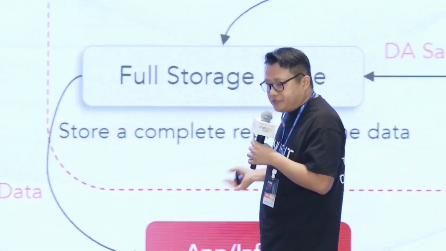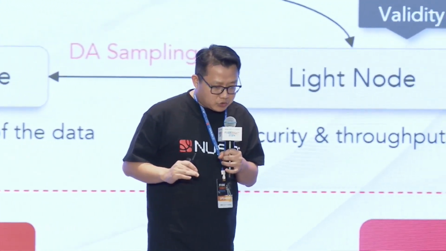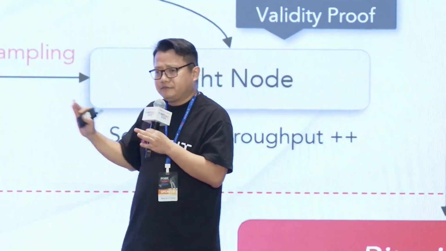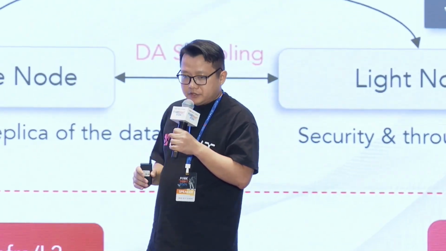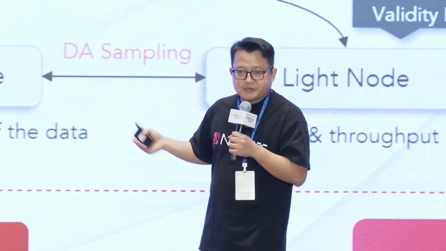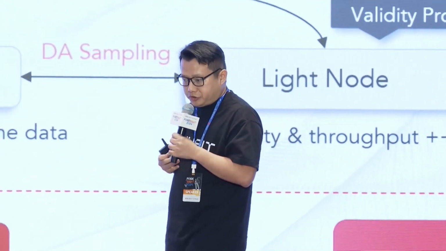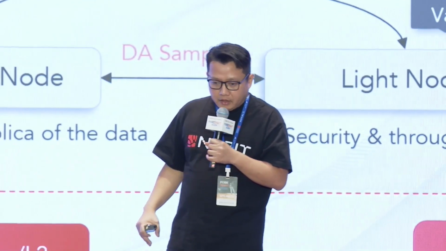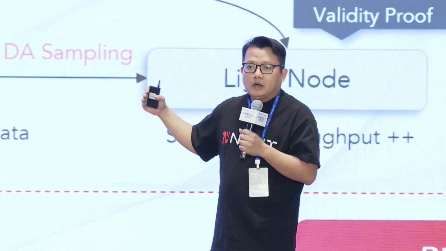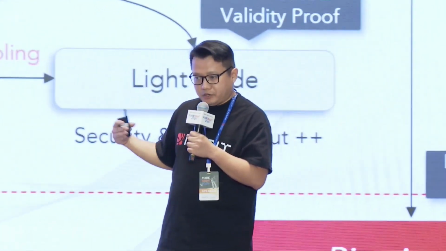I could talk about the details for days, but here I just want to highlight two important aspects. First of all, Nubit is a sidechain, so the core component is the consensus protocol, which is secured by hundreds of thousands of Bitcoin stakers.